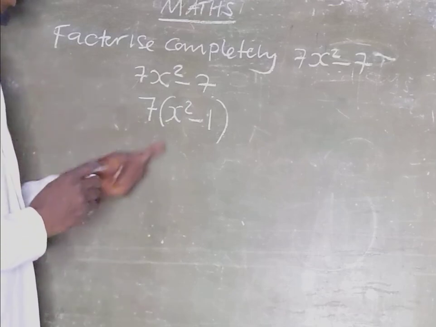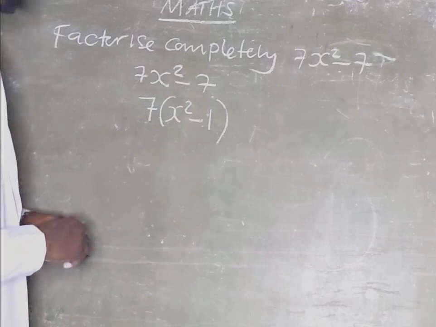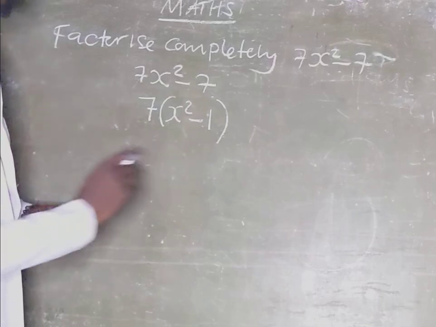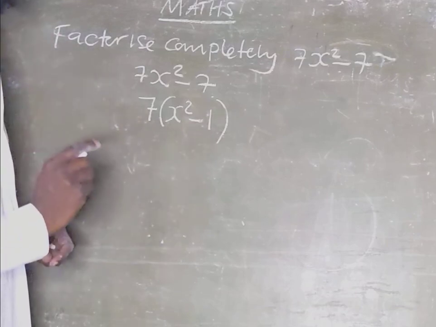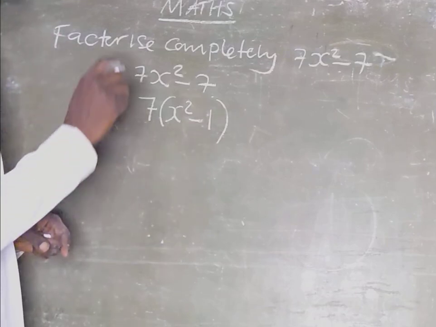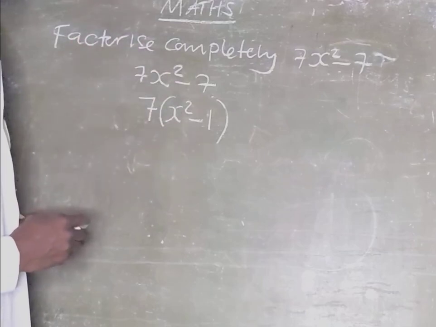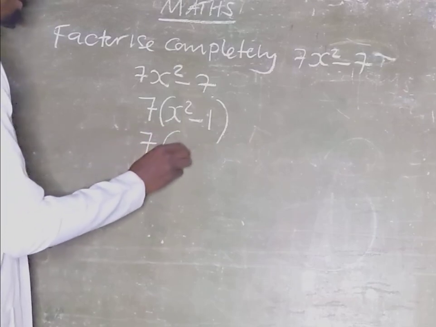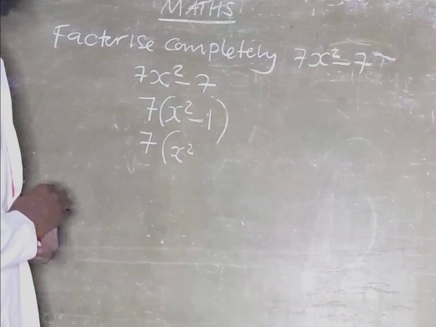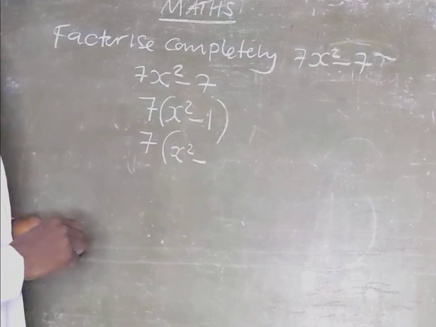Now in this case, since we have negative 1, we're going to first of all find the square root of 1. What is the square root of 1? Why find the square root of 1? So that we square it as the x squared is. So we have x raised to the power 2 minus, what is the square root of 1?